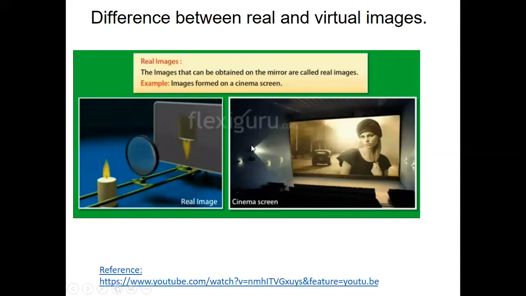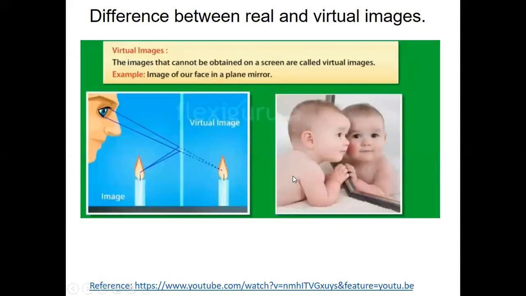On the cinema screen, we are using a concave mirror, and the light is focused towards the screen, and images are created on the screen. Those are real images because real light travels onto the screen and creates the images.